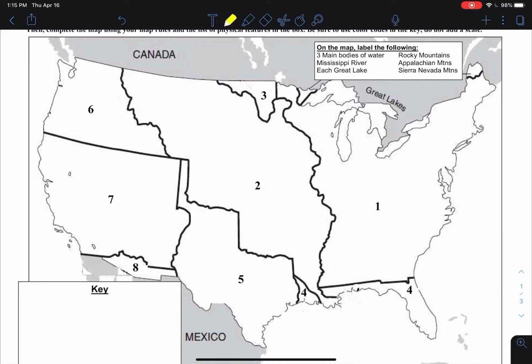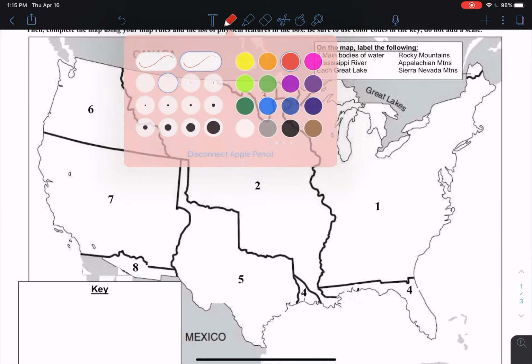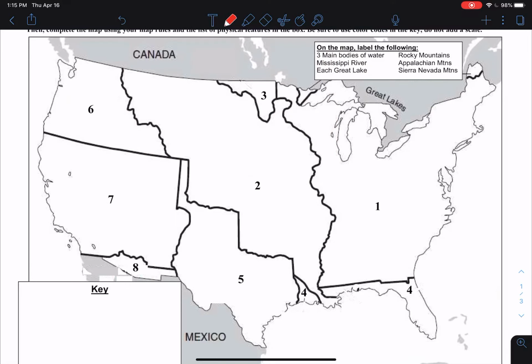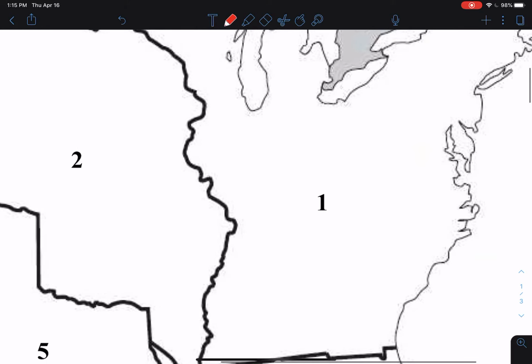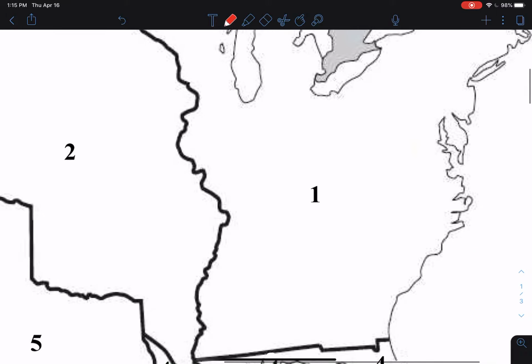Now, the next thing I would try to do would be to put into categories which European country we got these different pieces of land from. Okay, so if you take a look, here at number one, hopefully you remember that we got this first territory from Great Britain.